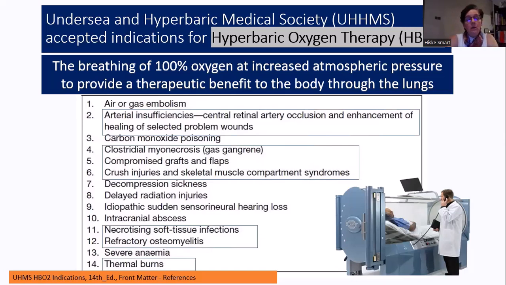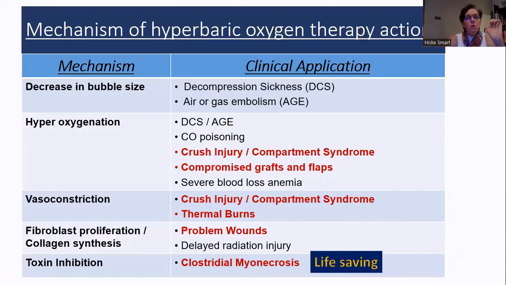But we are also looking at the necrotizing soft tissue infections that we also get in the diabetic, and the clostridial myonecrosis, and sometimes even the crush injuries when the diabetic person is having an accident or a traumatic injury to that foot. So all of those play very much into the diabetic foot.